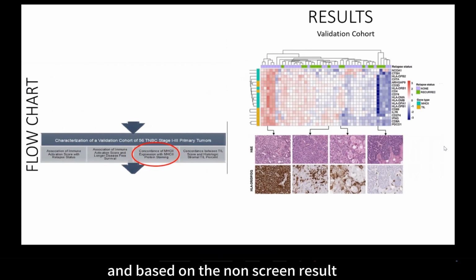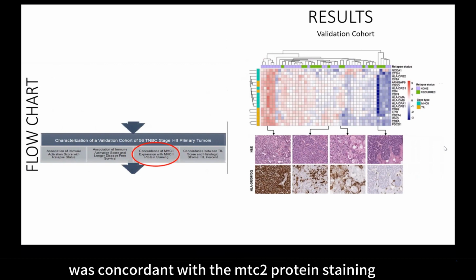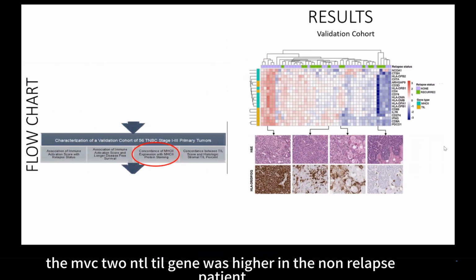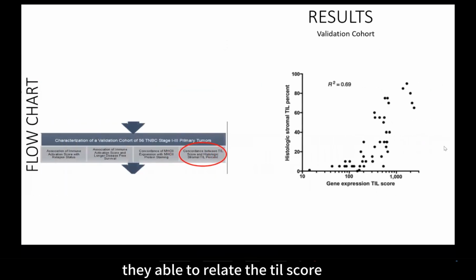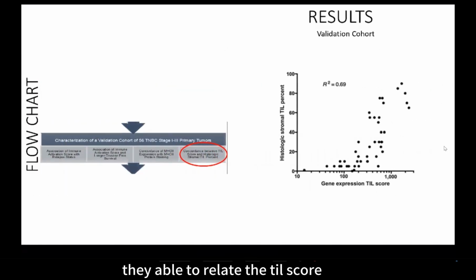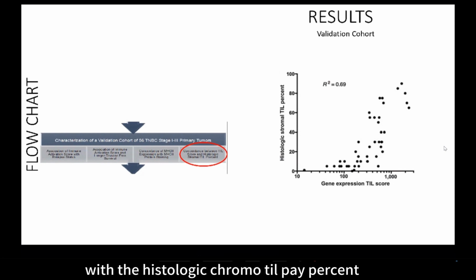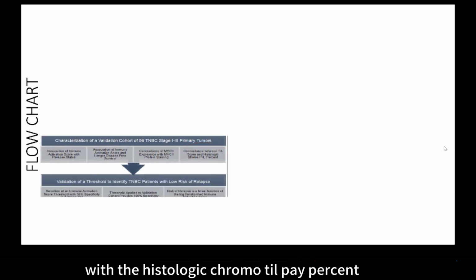Based on the nanostring result, the MHC2 expression was concordant with the MHC2 protein staining. Here we see that the MHC2 and TIL genes were higher in the non-relapse patients compared to the relapse. And finally, they were able to relate the TIL score with the histologic stromal TIL percent.